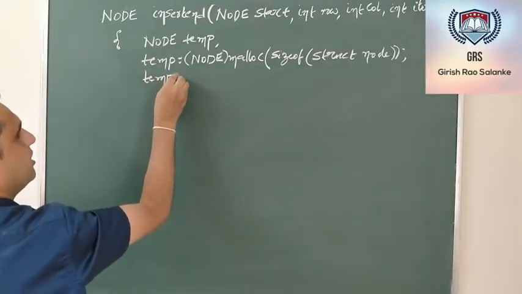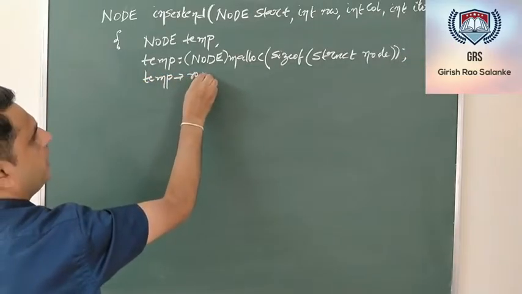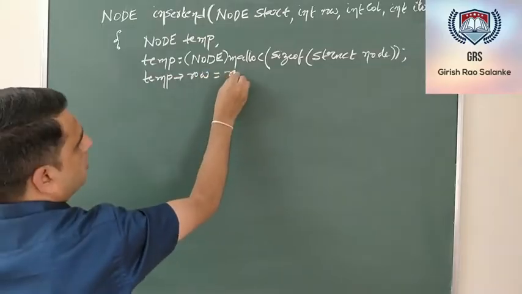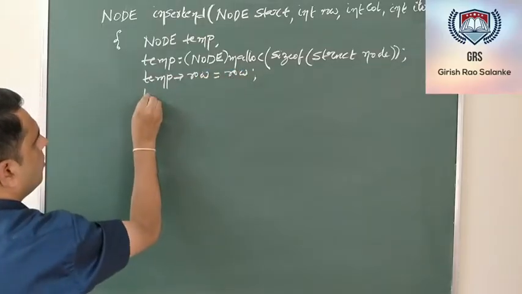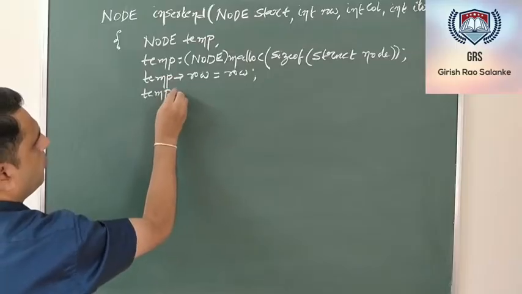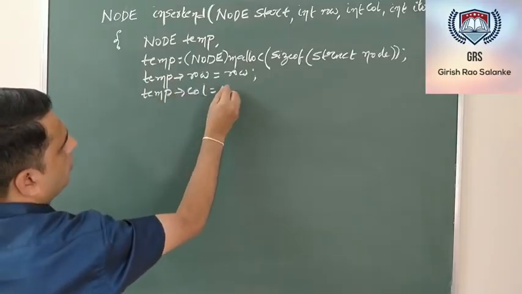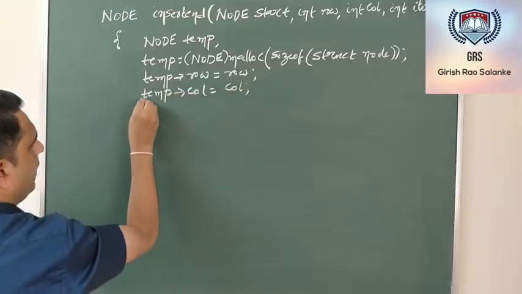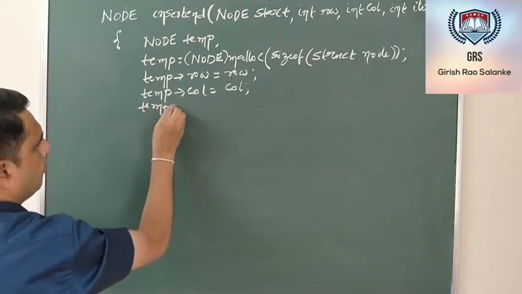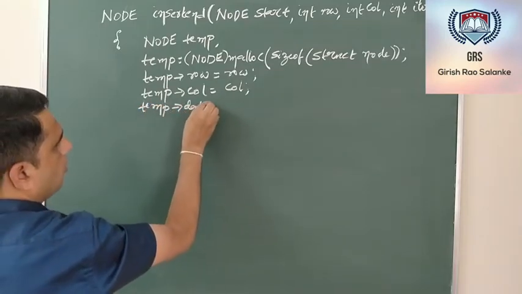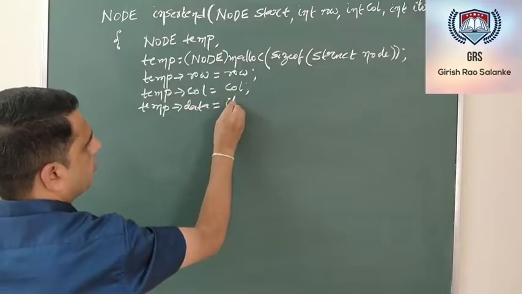Now what are the information? Information are row, column and data. So temp of row is equal to row. Temp of column is equal to column. And temp of data is the item.